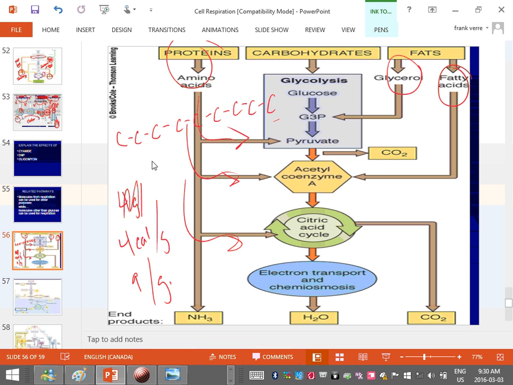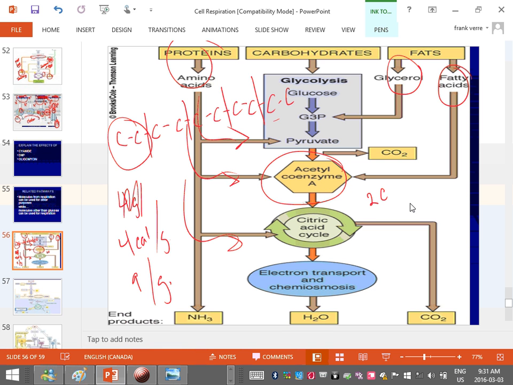And the reason is because of their structure. Because fats have these long chains. And if you take these chains and you cut them into 2 carbon fragments, those 2 carbon fragments, where can they go? Look at the chart. Where did they go? What's acetyl-CoA? What is it? Remember, it's a 2 carbon fragment, right?